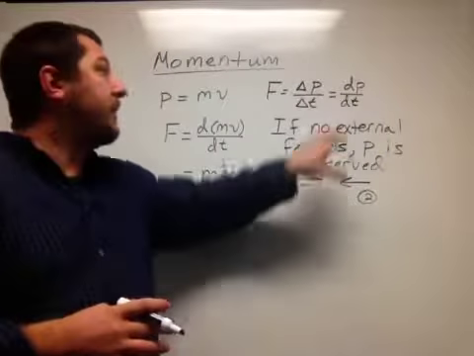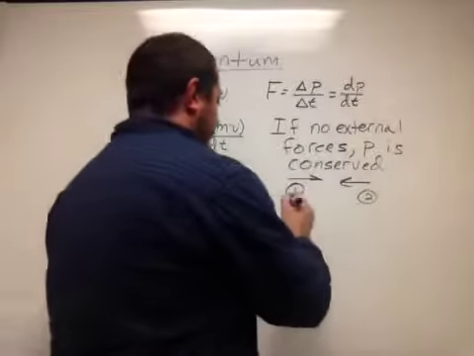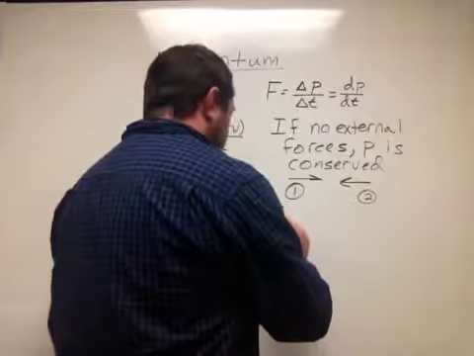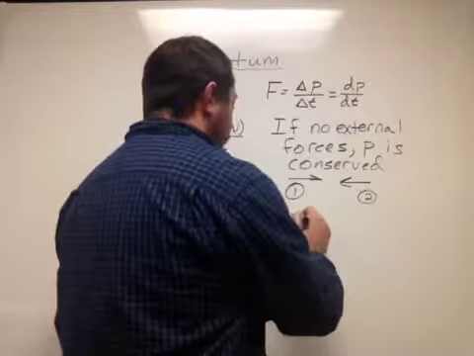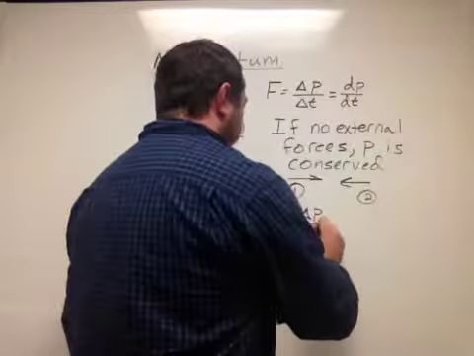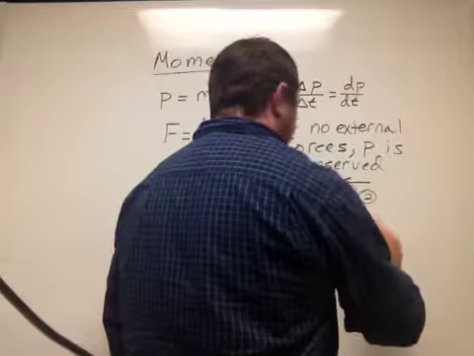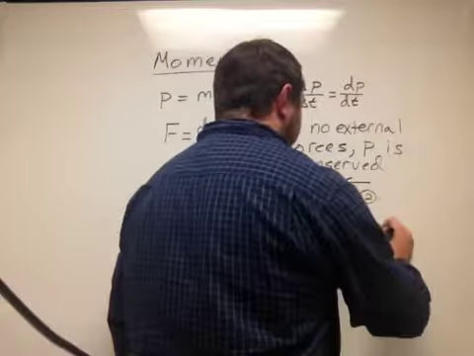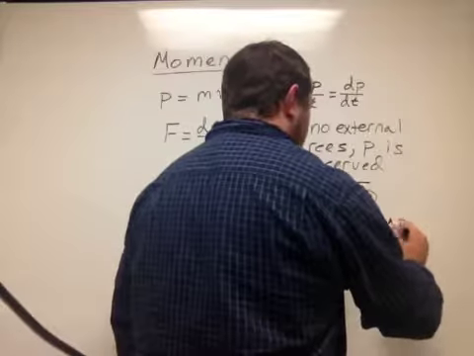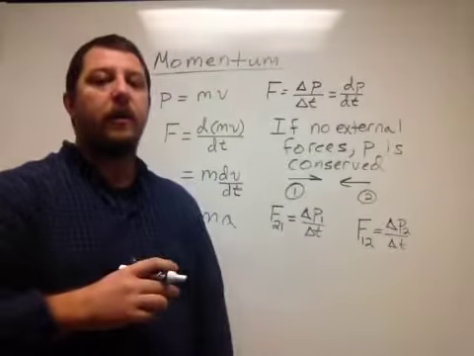And using the differential notation, what we would write is something like this: that the force that the second ball exerts on the first ball is equal to the change in momentum of the first ball divided by the time interval, and that the force that the first ball puts on the second ball is equal to the change in momentum of the second ball divided by the time interval over which the collision occurred.